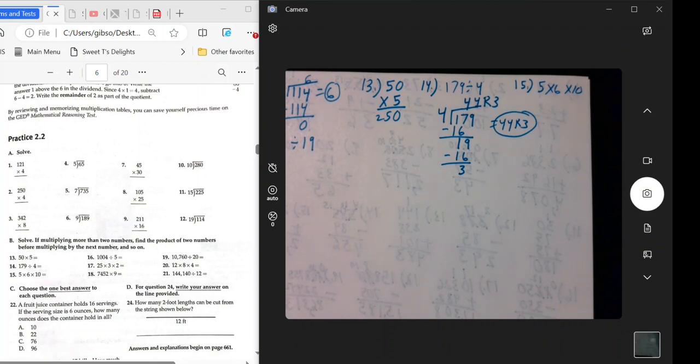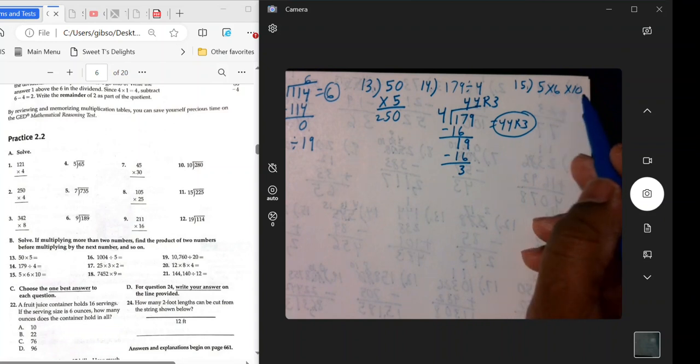When it's all multiplication, you can multiply in any order and you still will get the same answer. So what I would try and do myself, if I'm doing multiplication, I would try and multiply where I would have my largest number on top as far as the amount of digits times a singular digit if I can. So right here we have 5 times 6 times 10.